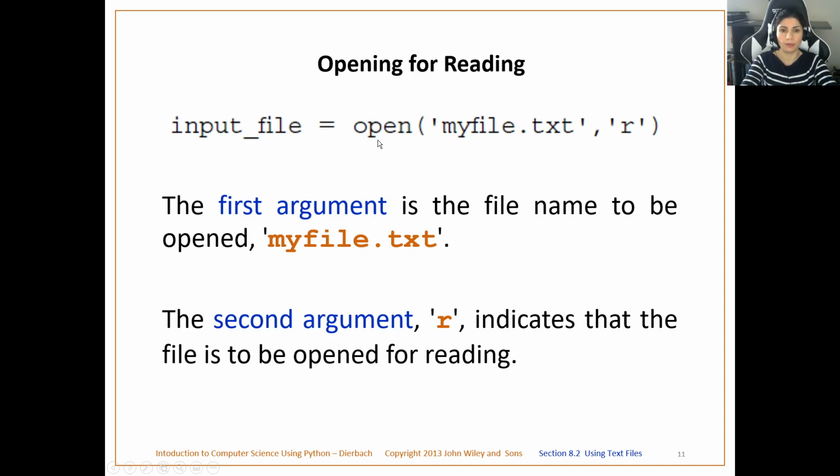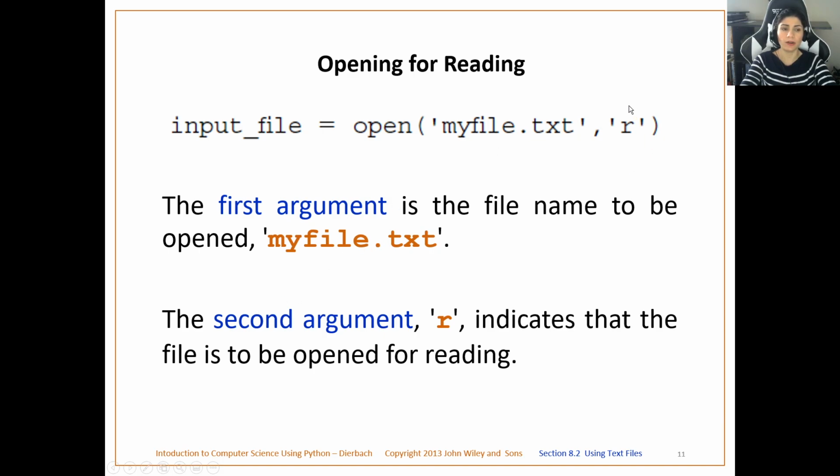So keyword open, or function open, and it takes two arguments, all right? The first argument is the file name to be opened. What are you looking for? So you put the file name and you see you have the .txt extension because we are trying to open a text file.